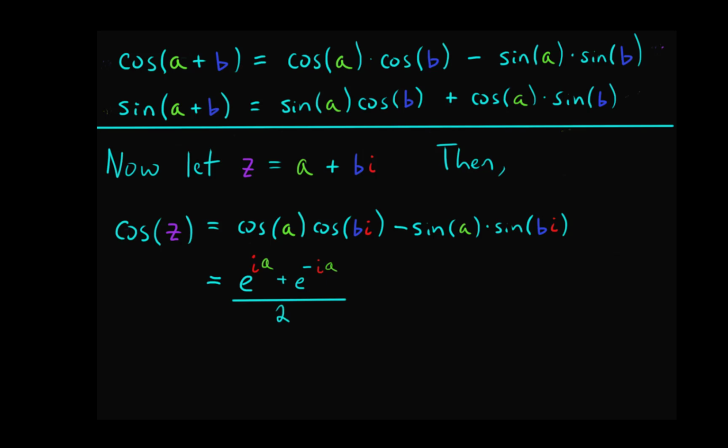we'll have cosine of a equals e to the i times a plus e to the negative i times a over 2. This is times cosine of bi, which would equal e to the i times bi plus e to the negative i times bi over 2.